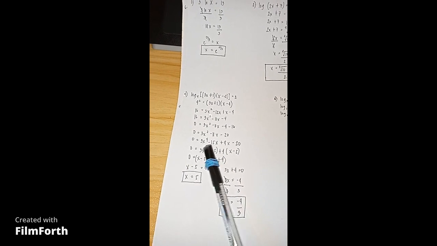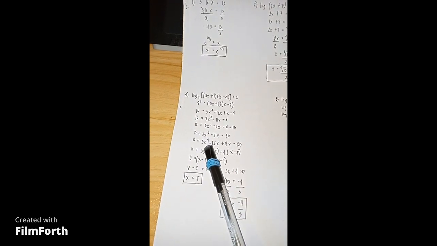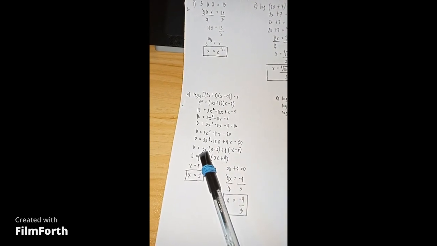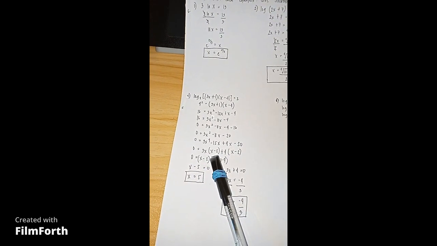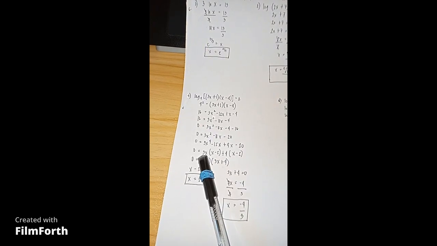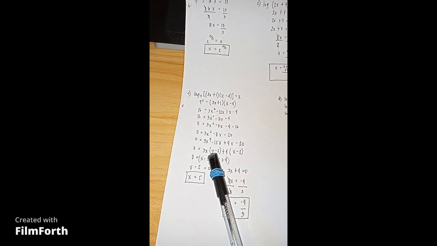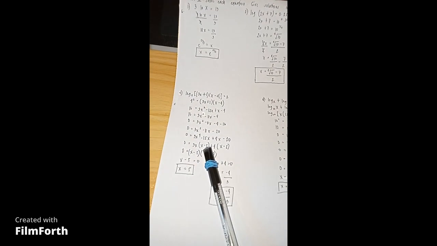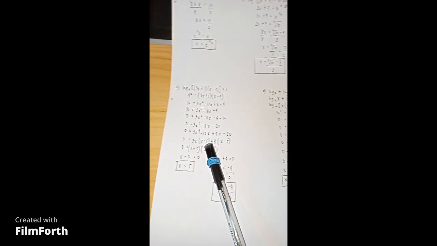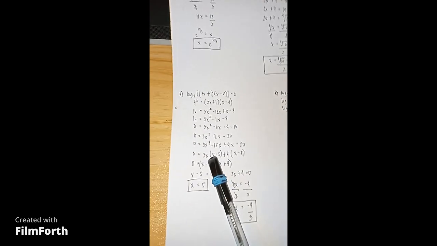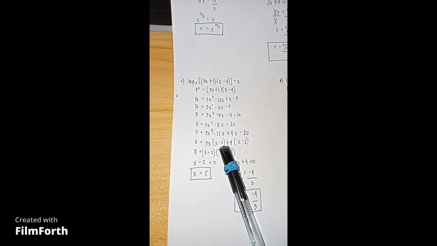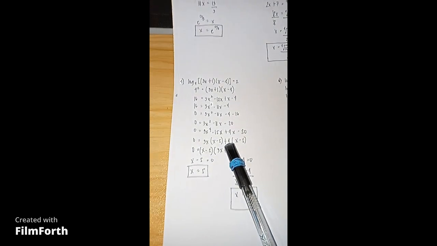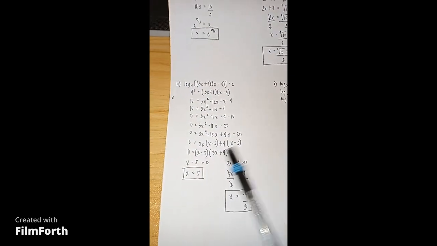So we have here 3x squared minus 15x plus 4x minus 20 equals 0. So we need to factor. So our factor here is 3x, and copy the x minus 5. So here in our factor is 4, so copy x minus 5.